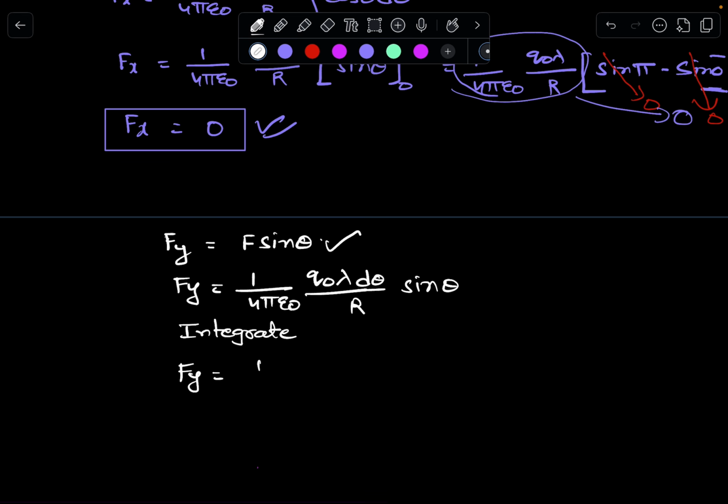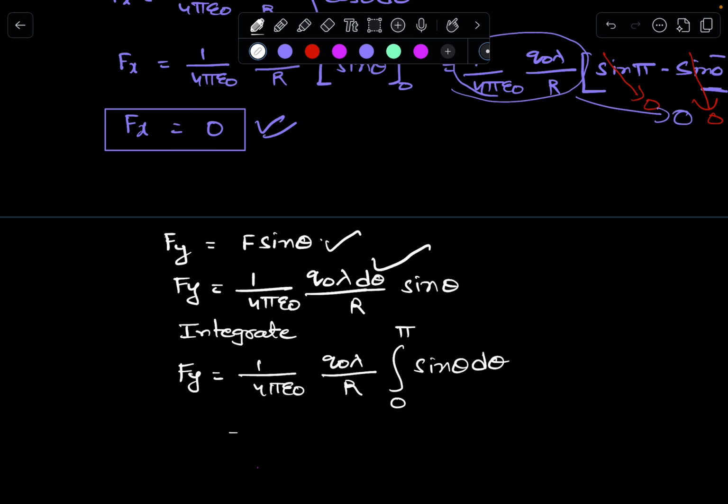Fy is equal to 1 by 4 pi epsilon naught into q naught lambda by r into integral sine theta into d theta. As it is, the initial angle will be 0, the final angle will be pi.